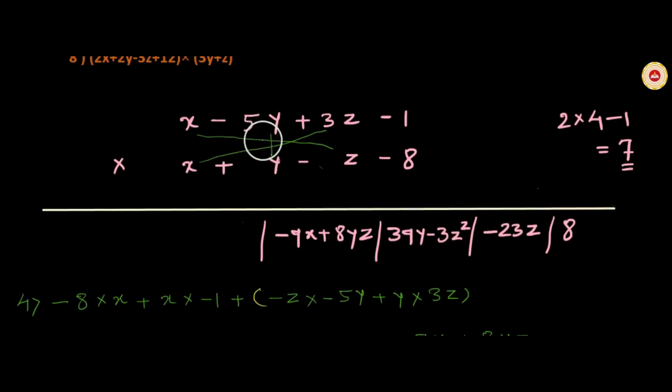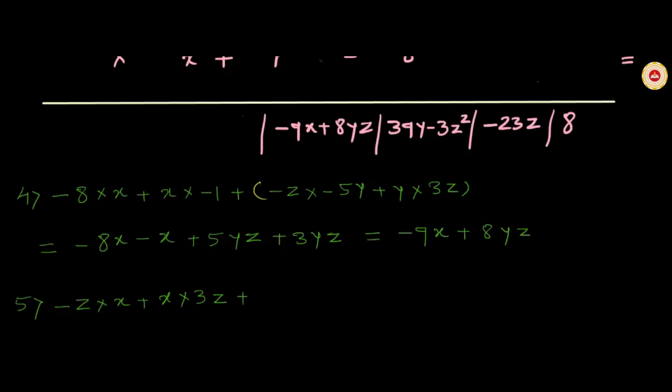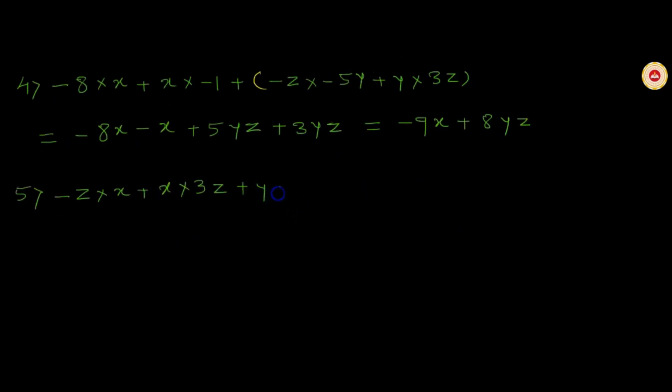Multiplying the terms in middle column vertically, y multiplied by minus 5y, which is equal to how much? Minus z multiplied by x is minus xz, right?